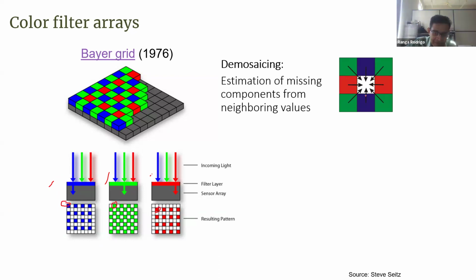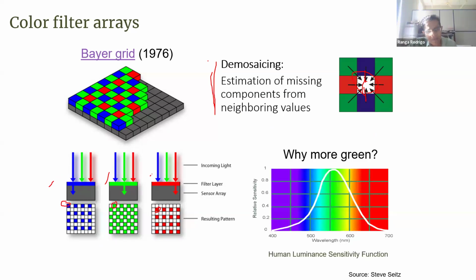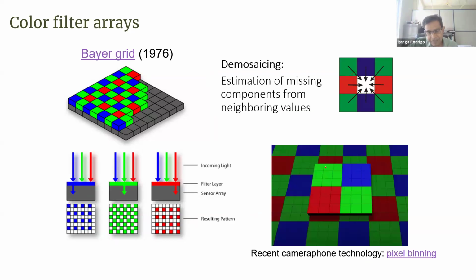So you can see some pixels don't have blue, for example. So you have to interpolate from the adjacent pixels. This process is called demosaicing, estimation of missing components from neighboring pixels. Why more green? Because the human eye is more sensitive to green. That's the reason for having twice as many green pixels as red or blue pixels in a camera.